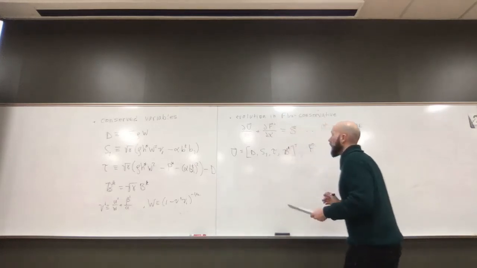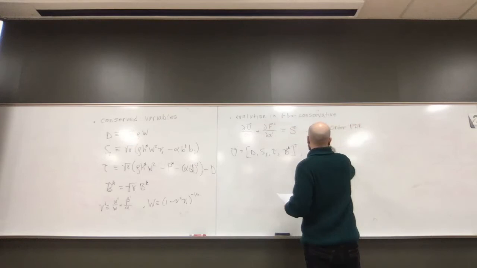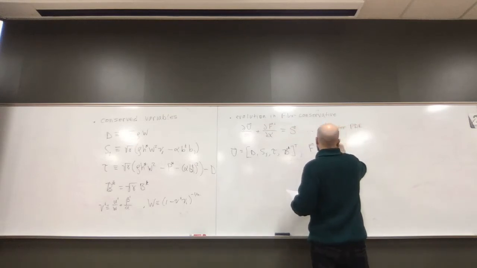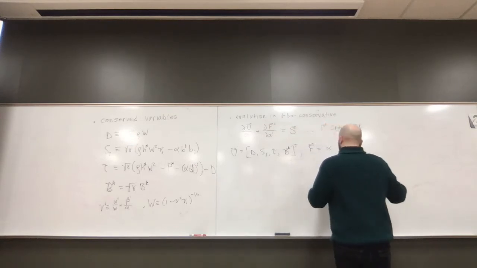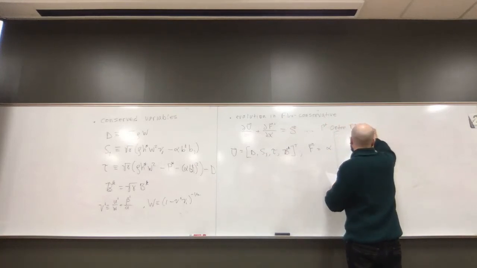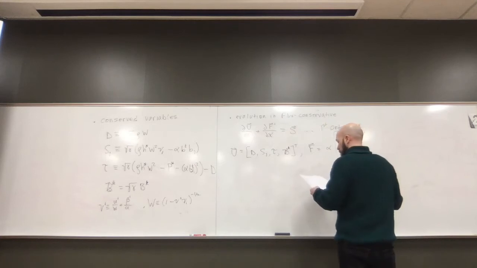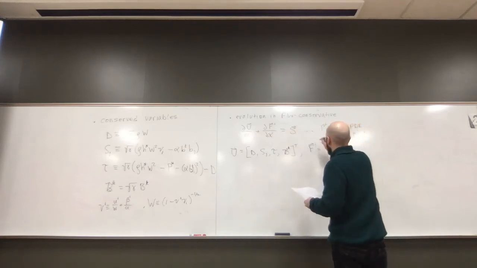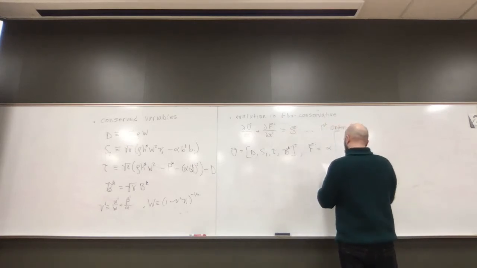So now our flux vector is going to be equal to the following. Alpha times a bunch of stuff. The very top, D times v^i. Sure, I should have an i there. I don't in my notes, but I'm sure I should.